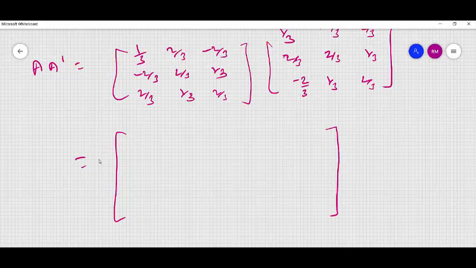See here, to find the entries, first row, first column of the second matrix with first row of the first matrix.